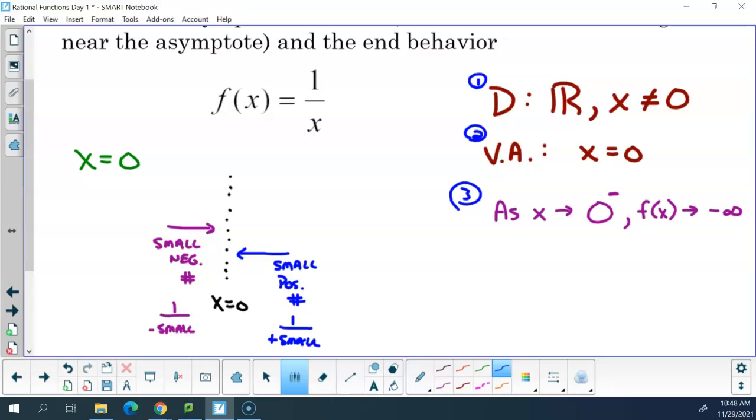Is it going to go to positive infinity or is it going to go to negative infinity? Positive, because it's positive divided by positive. Right? So how we would write that would be, as x approaches 0, but now I'm approaching from the right. Agree?